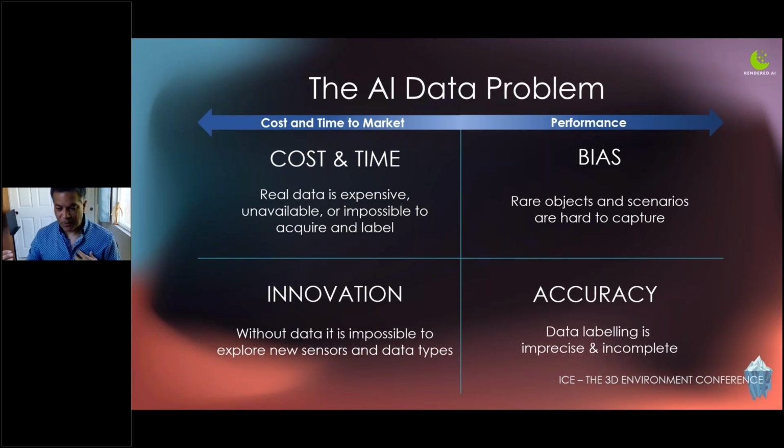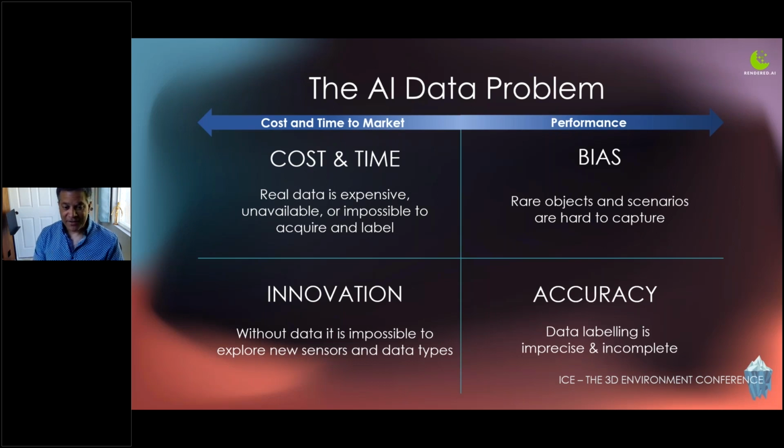Similarly, when you take real data and have to label it, so you have to add metadata to it to enable an algorithm to be trained to understand what's in the pixels, most of the ways that we label data today are imprecise, incomplete, and also expensive. So when it comes to training algorithm performance, we often run into bias and accuracy issues associated with the data itself and then the labeling of the data.